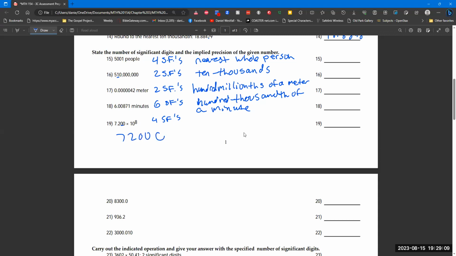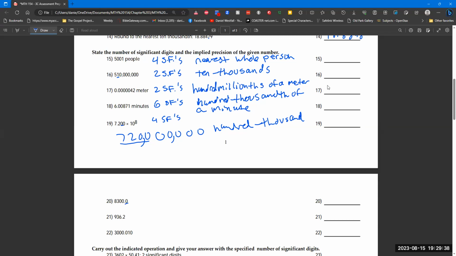There's 3, 3, 4, 5. There we go. That's better. And all of this was measured, so it's to the nearest 100,000, which is the implied precision.